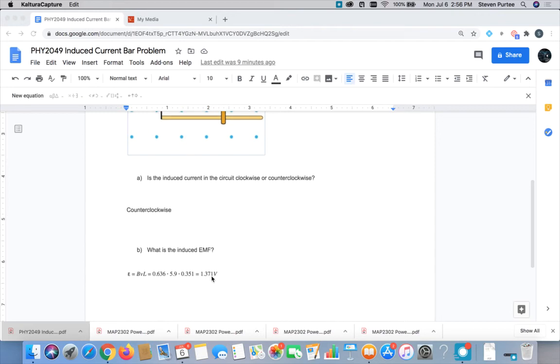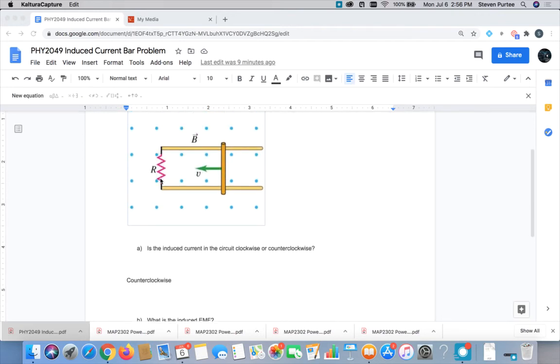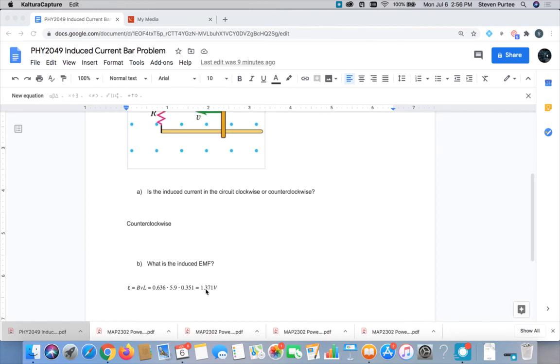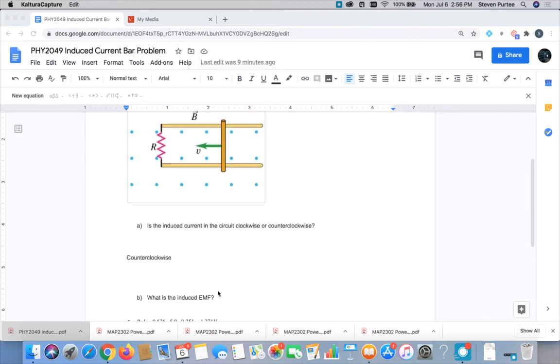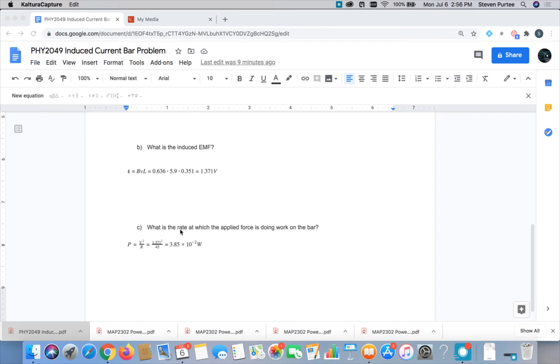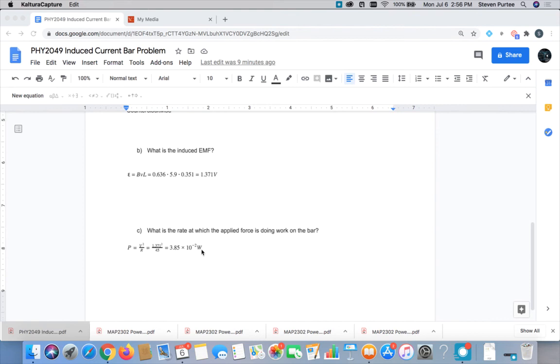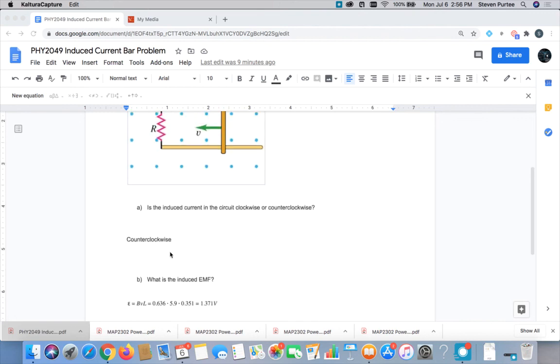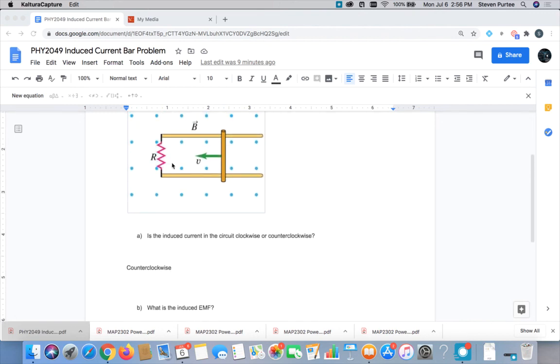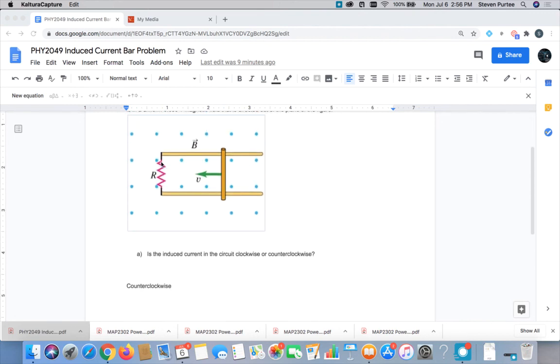The induced EMF, the voltage drop across this resistor, is 1.371 volts. Then the power, V squared over R, is 3.85 times 10 to the negative 2 watts. That's the power output I'm doing, and that's being converted into heat, or depending on what kind of resistor this is, if that's a light bulb, that might be converted into light and heat.